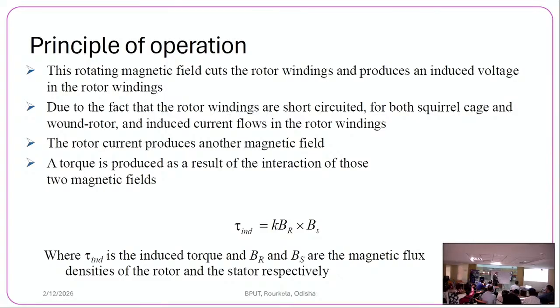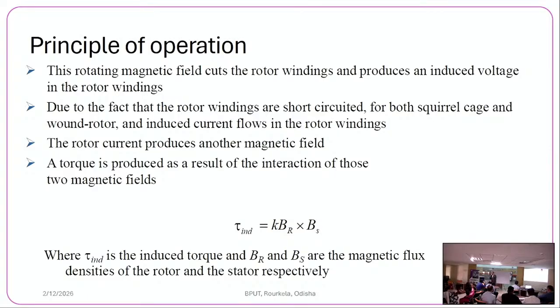So what is the cause of the electromagnetic induction on the rotor? That is the relative speed, because there is a rotating magnetic field and it is rotating with respect to the rotor. So because of the relative speed, the EMF is induced.